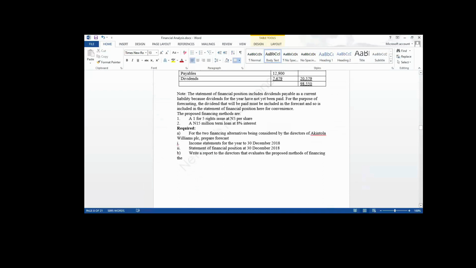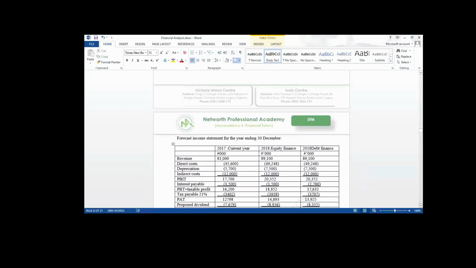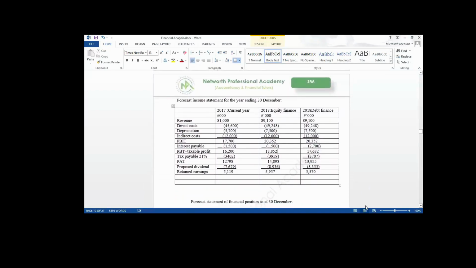Now go to 2018. Under equity financing, look at your profit after tax, 14,893. 60% of this profit is your dividend payout. Please find 60% of 14,893.